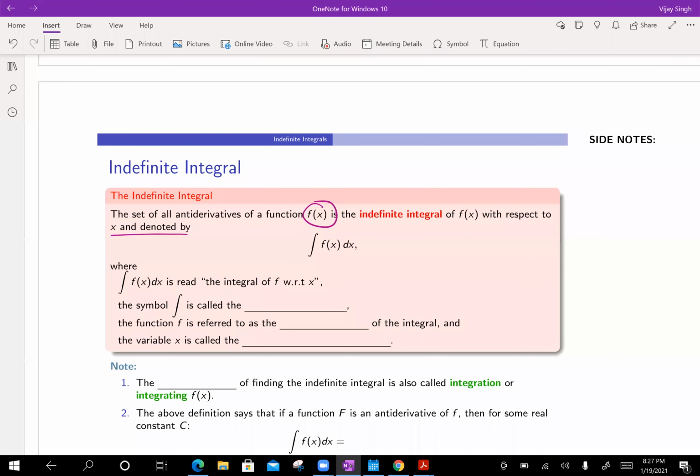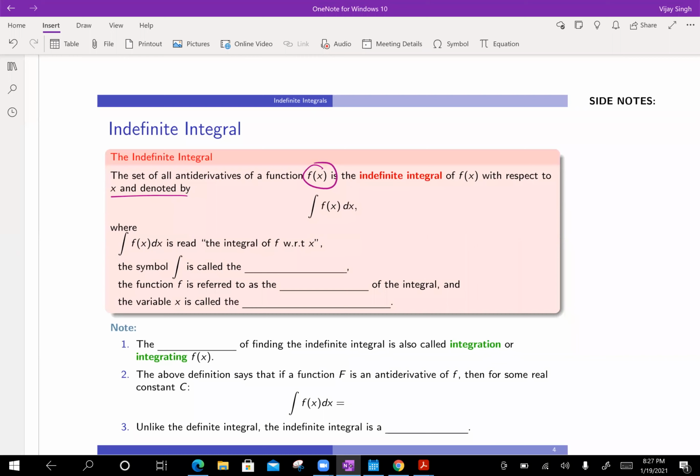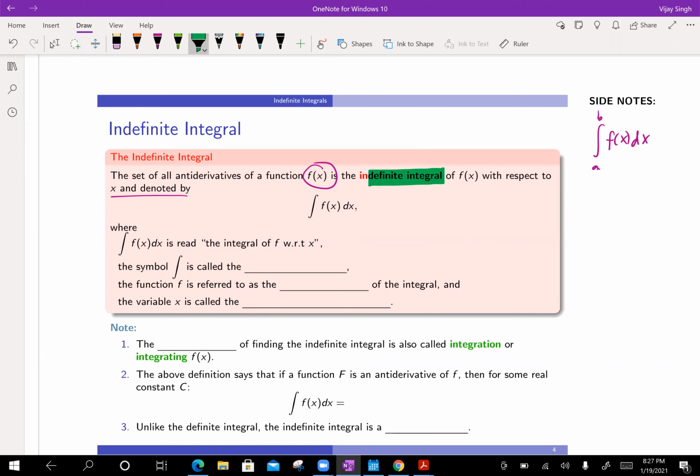This notation comes from the definite integral, except that there are no limits of integration, right? So this expression is called the indefinite integral.